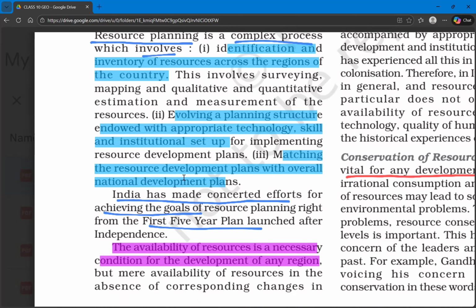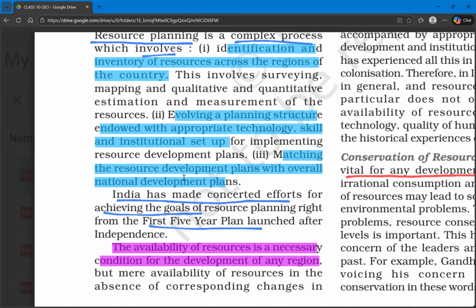So the plans we are making for resource development should be aligned with national development plans. This is how resource planning should be done. India has made concerted efforts for achieving the goals of resource planning right from the first 5-year plan launched after independence. The availability of resources is a necessary condition for the development of any region.